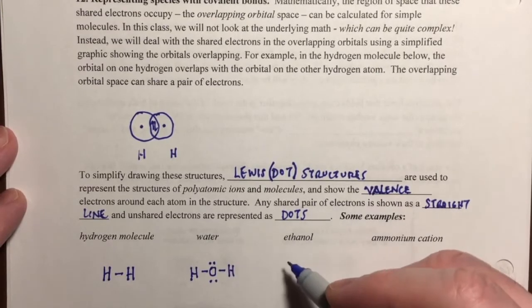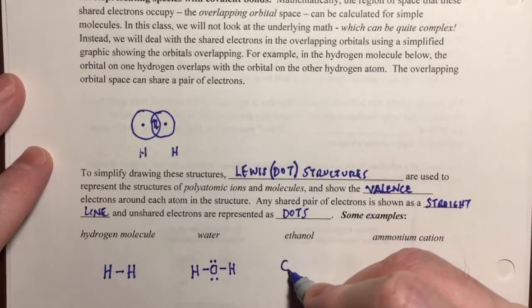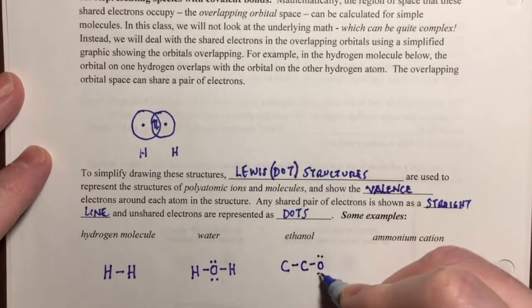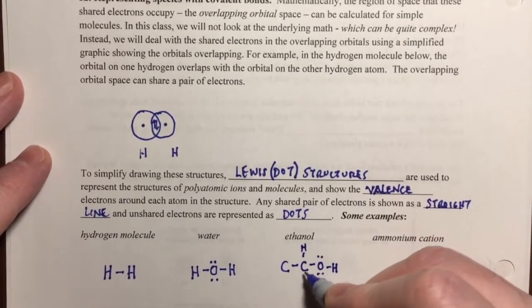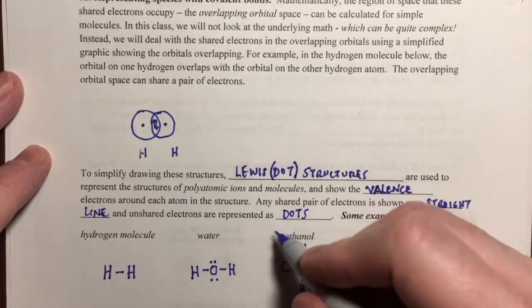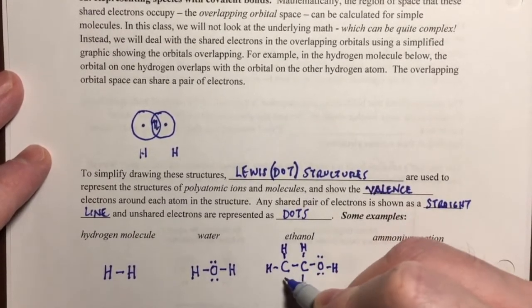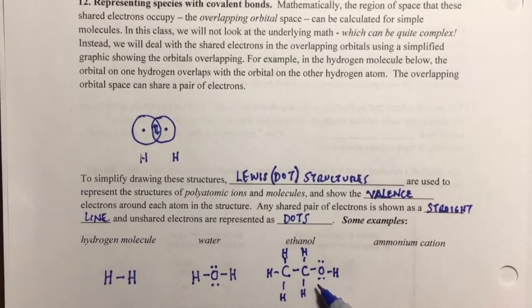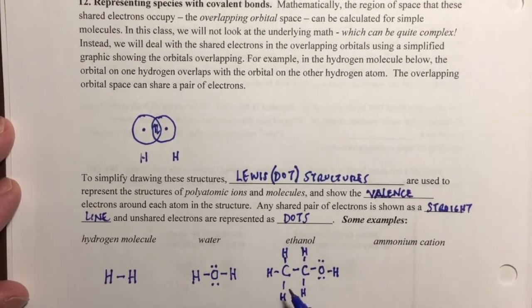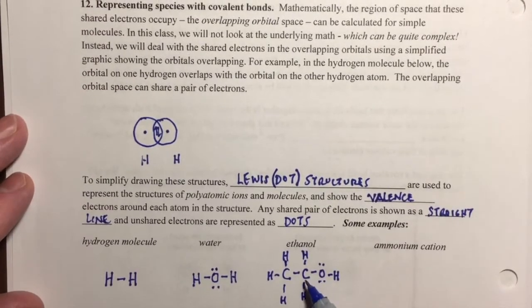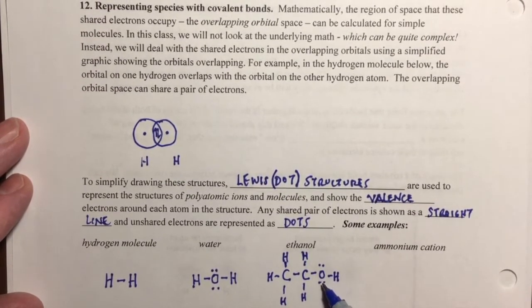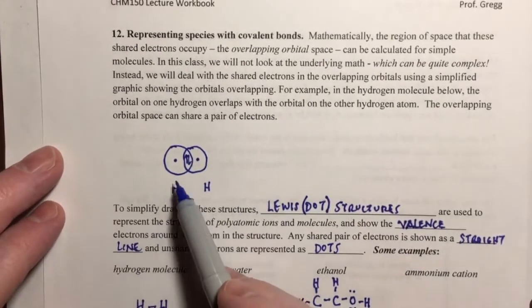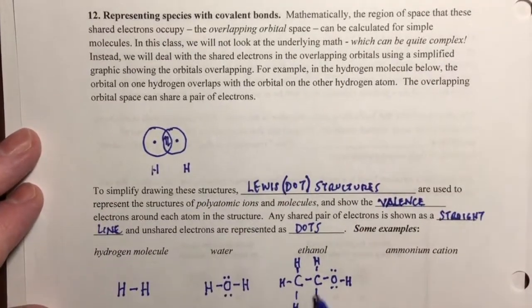Ethanol, this is the alcohol that is in alcoholic beverages. A little bit more elaborate. And you won't be drawing Lewis structures that are this elaborate in this class, but I want to show you that we can become more and more elaborate in our Lewis structures, and some Lewis structures could have dozens or even hundreds of atoms. So once we start getting to larger molecules, it's really important that we have this simplified way of representing these electrons so that we're not drawing circles and overlapping circles for every one of these atoms.